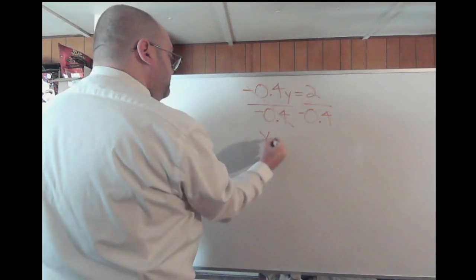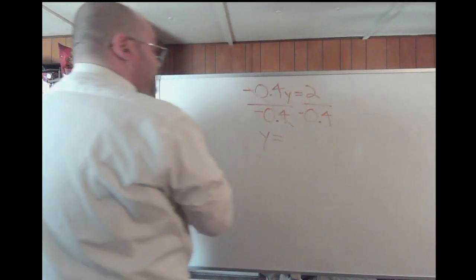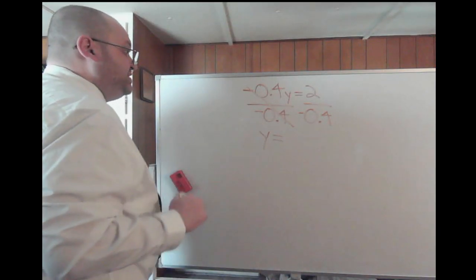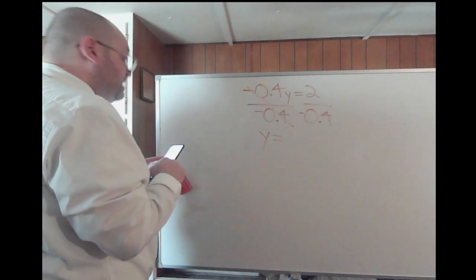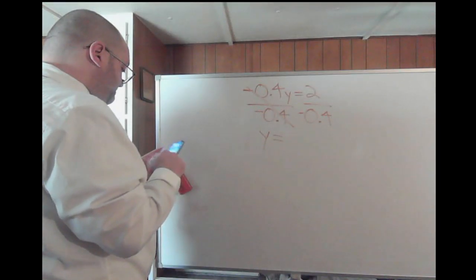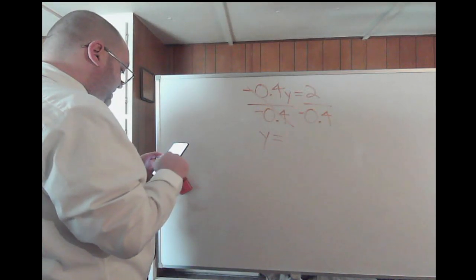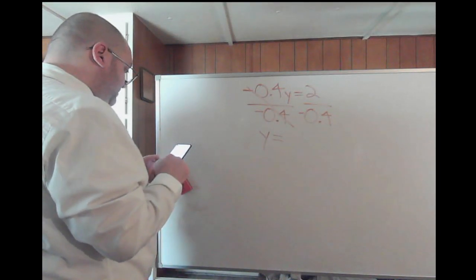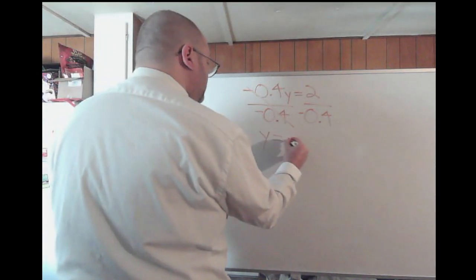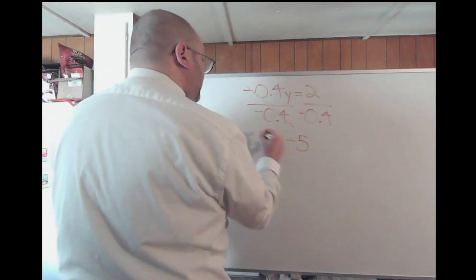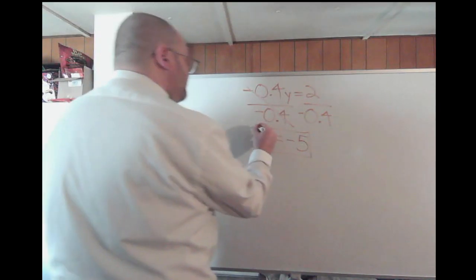You'd just be left with y by itself. Now we need to divide 2 by negative 0.4 to get y. So 2 divided by negative 0.4, that's negative 5. So y is equal to negative 5.